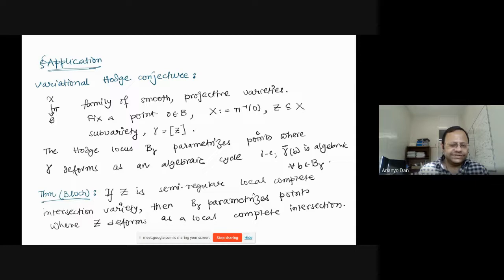If the Z that you started with is a semi-regular subvariety, then when you deform your ambient variety, if the cohomology class remains Hodge, it is going to be the cohomology class of a local complete intersection subvariety, and this local complete intersection subvariety is going to be the deformation of your original local complete intersection subvariety. So this is a very restricted result in some sense as well, because you need this to be semi-regular.